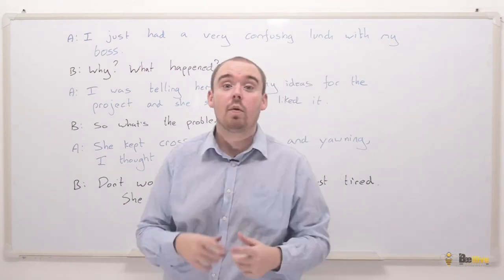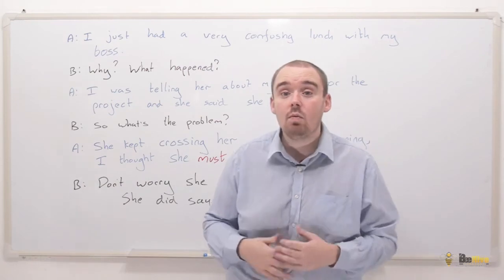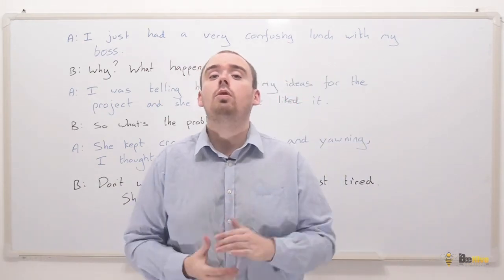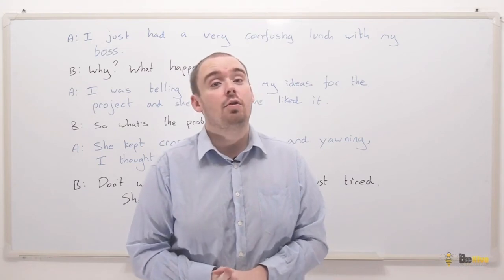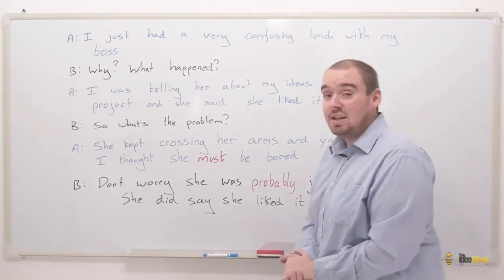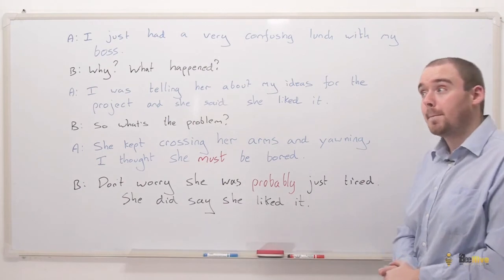And now we're going to practice together. So, the first time I will be person A and you be person B, and we'll do the dialogue together. Okay? So, I just had a very confusing lunch with my boss.